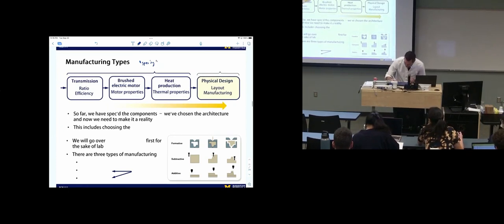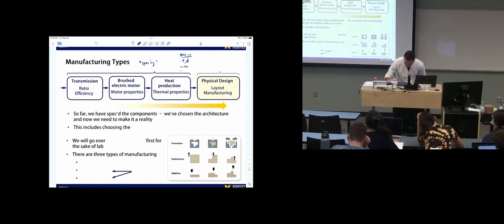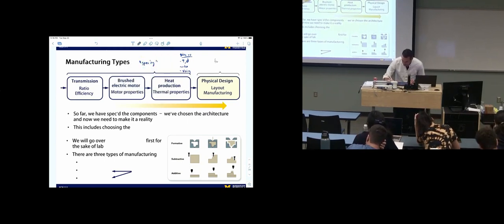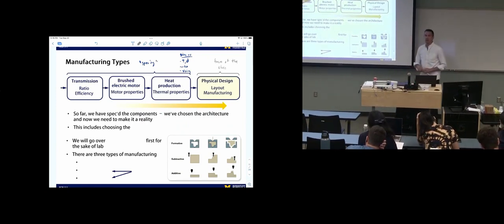So this gives us torque and speed, ratio, sizing information. So we kind of know what we want to build. And now this is going to be the focus of the class for a few lectures, a couple weeks. So physical design, we're gonna talk about layout, we're gonna talk about manufacturing.